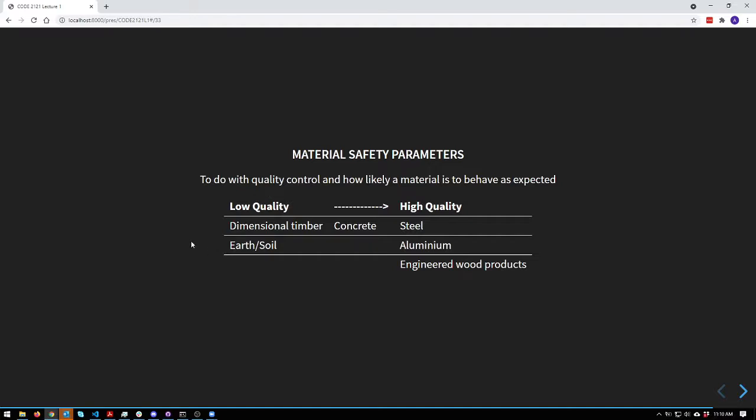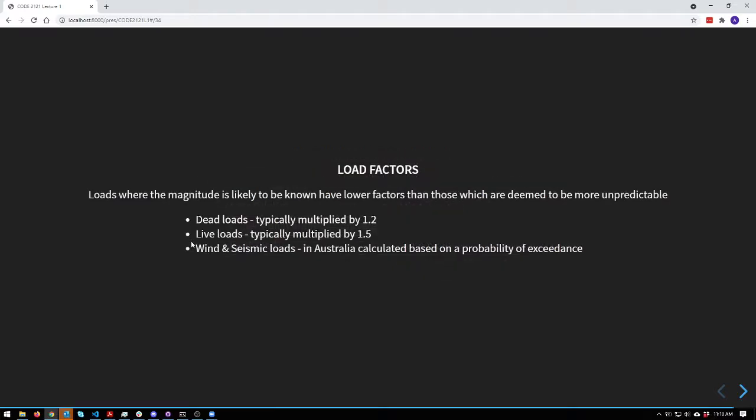So wherever we put our building, we can do spot surveys to see what's under the ground, but there could be a massive cavity under there that could cause an issue, and all we have to do is miss that cavity while we're doing our surveys, and you've got a catastrophic structural failure. So we have to assume that things that we can't necessarily control are of a lower quality, and we have to factor in for that.